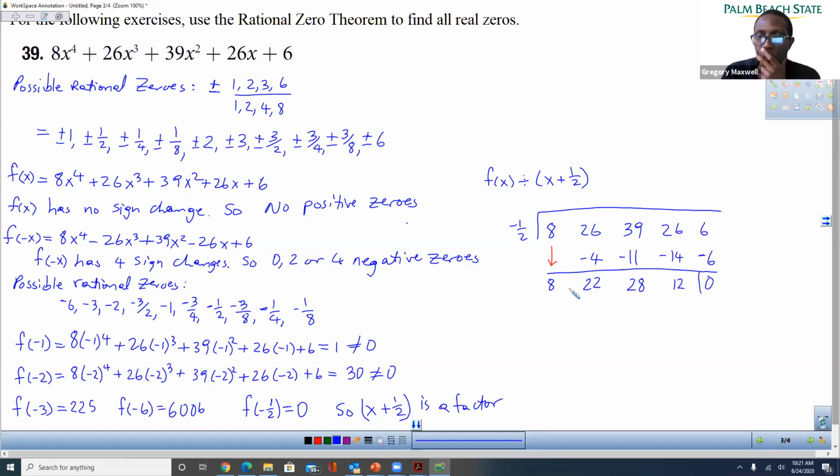Remainder 0. So we end up with f of x is equal to x minus negative half times 8x cubed plus 22x squared plus 28x plus 12.